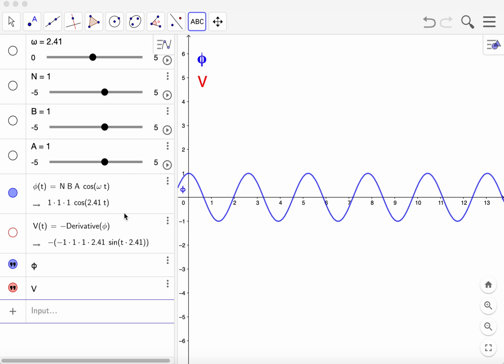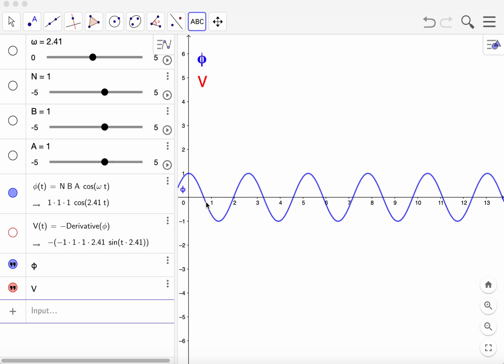Now, Faraday's law tells us that the induced EMF is the negative of the rate of change of magnetic flux, which is basically the gradient at any point on this graph. So if I was to put a tangent to the curve here, here, here, and here, the gradient is 0 because it's a maximum or a minimum.